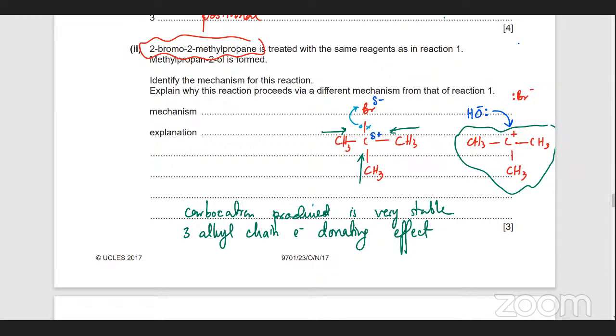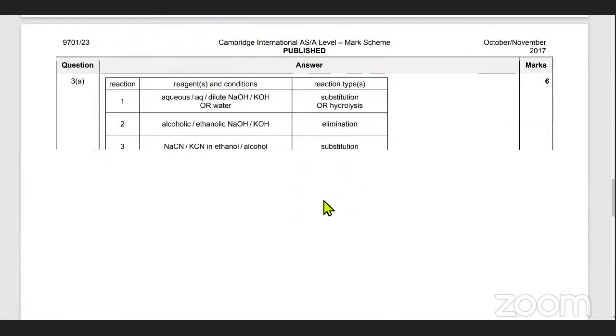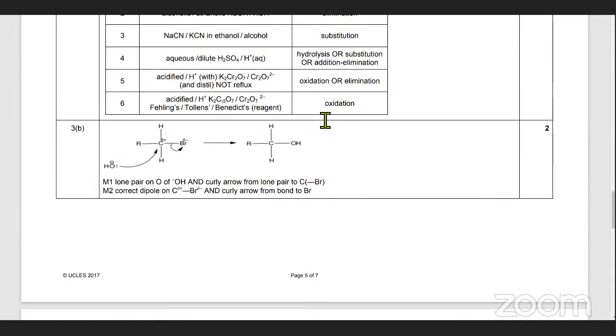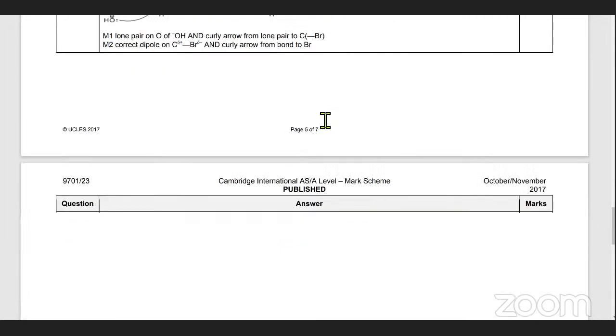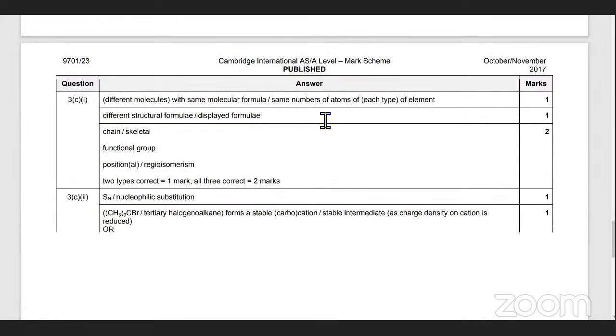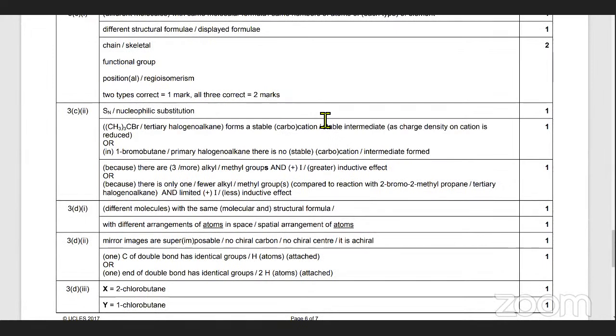We can just have a quick look at this कि कहाँ पे है. ये तो mechanism है. ठीक है, 3 alkyl groups, greater inductive effect, alkyl groups electron donating effect, that's it, and form the stable carbocation. That's 1 mark for that. ठीक है, या फिर stable intermediate या charge density जो है वो reduced है. ठीक है, so it's just these 2 points, that's it.